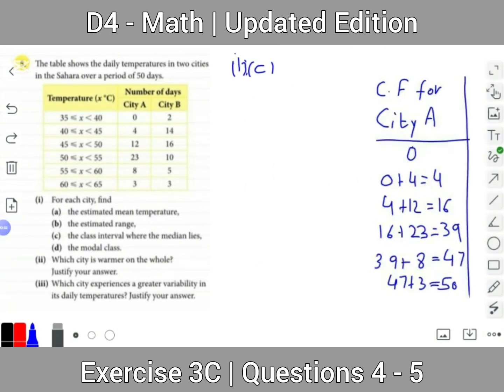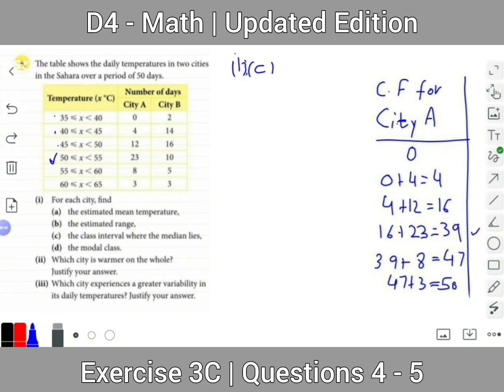Since we have found out the position of the median by n plus 1 divided by 2, now we have to identify the class whose cumulative frequency is just greater than n plus 1 divided by 2. Since n plus 1 divided by 2 was 25.5, the value greater than 25.5 is 39. So the corresponding class interval to the fourth entry of the cumulative frequency for city A is 50 less than or equal to x less than 55.